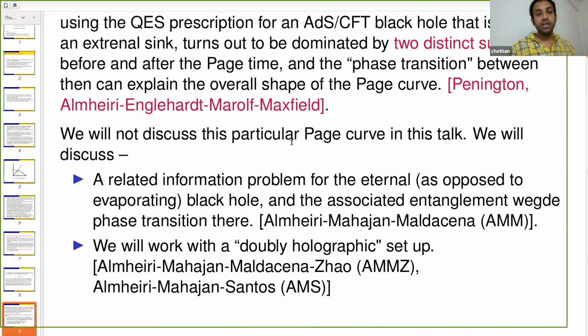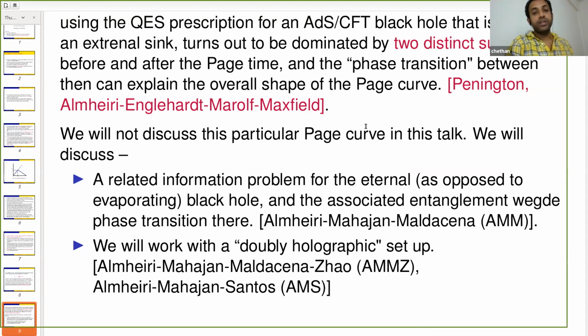Type of approach. But today what I'll talk about instead is a slightly different approach to this. It basically involves two differences from the setup. The first difference is that I am not going to talk about the evaporating black hole, where the Page curve has this very specific form.